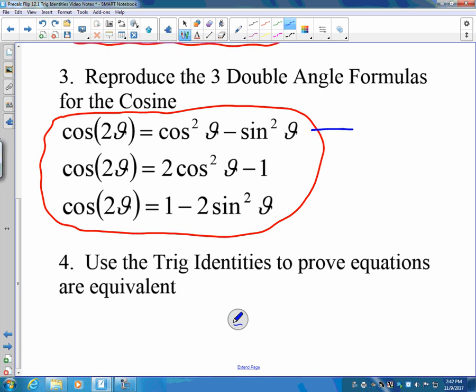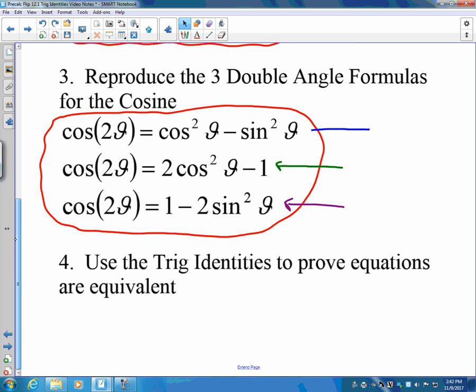That's if you want something with both sines and cosines. Or if you just wanted things in terms of cosines, you could rewrite the cosine of 2 theta as 2 cosine squared theta minus 1. Or if you just wanted it in terms of sines, you could rewrite the cosine of 2 theta as 1 minus 2 sine squared theta.